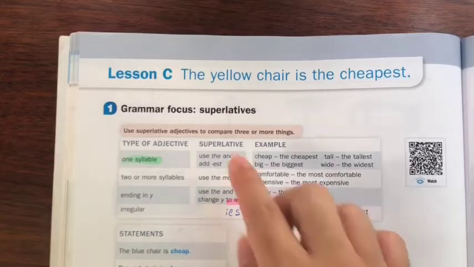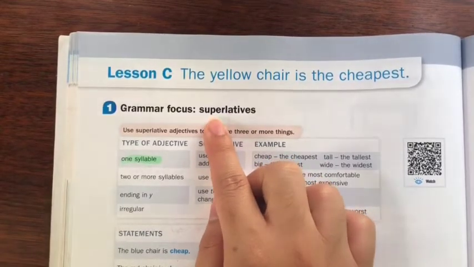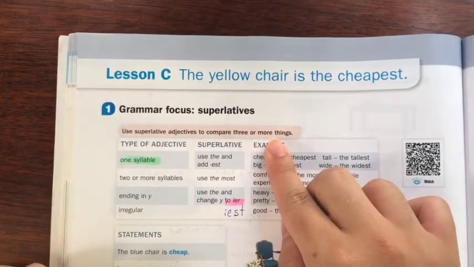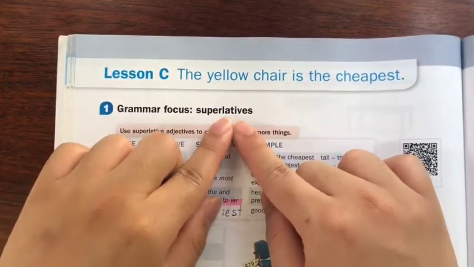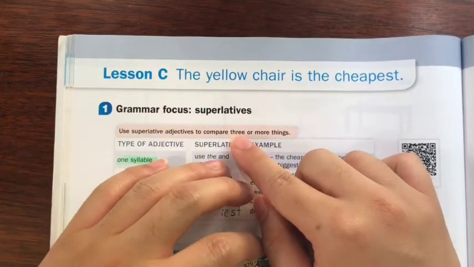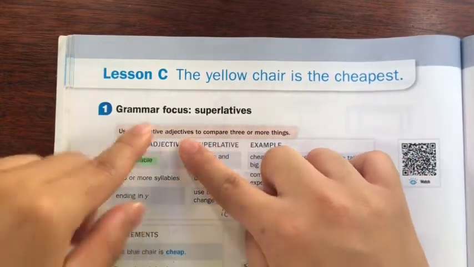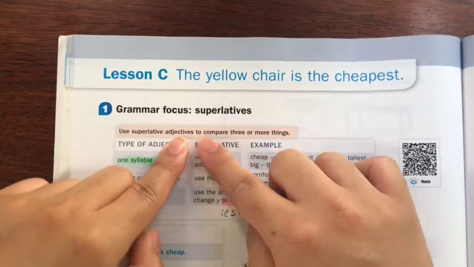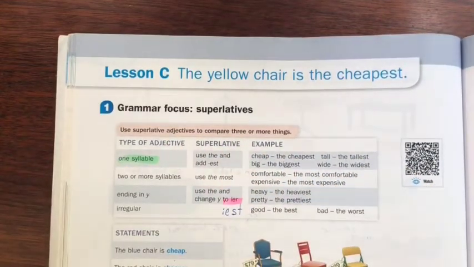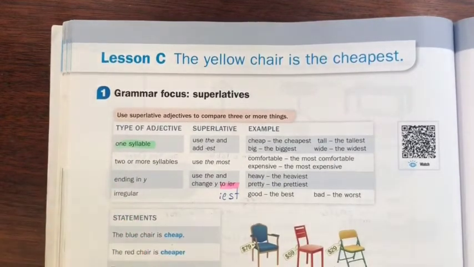Now, let's talk about superlatives. Superlatives are when we compare three or more things. Again, you only need to know this word for the test. Superlative adjectives, when we compare three or more things. So, let's see.